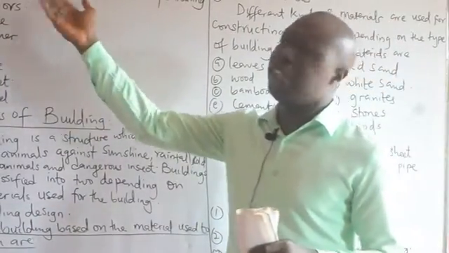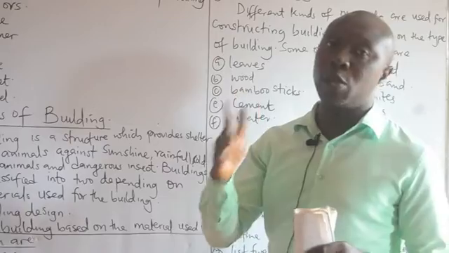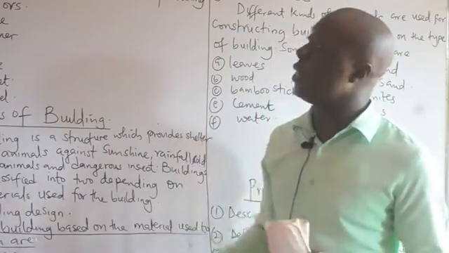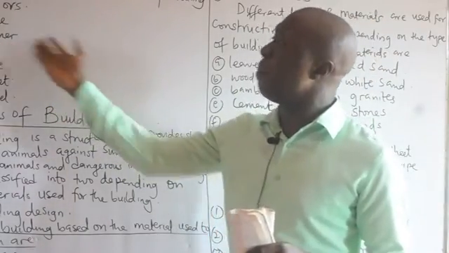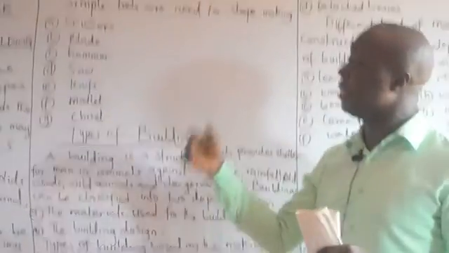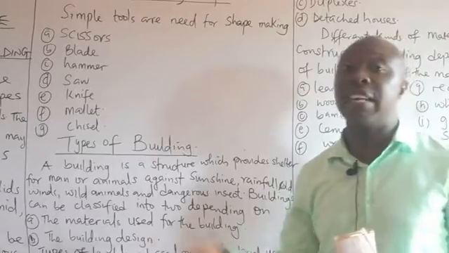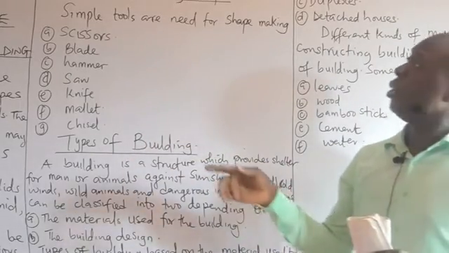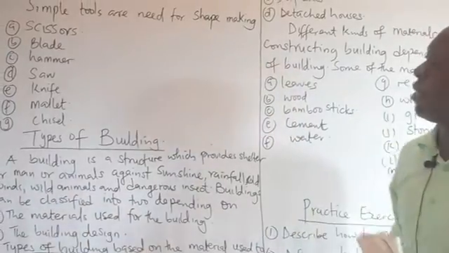We have scissors. We use scissors for cutting. We have blades, we use hammer, we have saw, knife, mallet, chisel, etc. These are some of the tools used for producing different types of shapes.